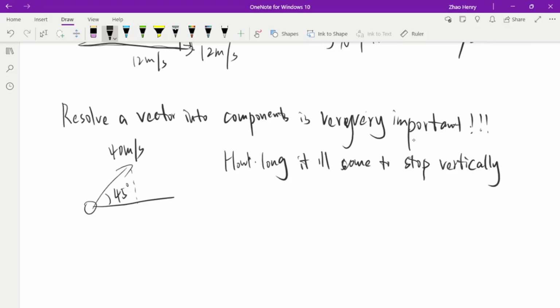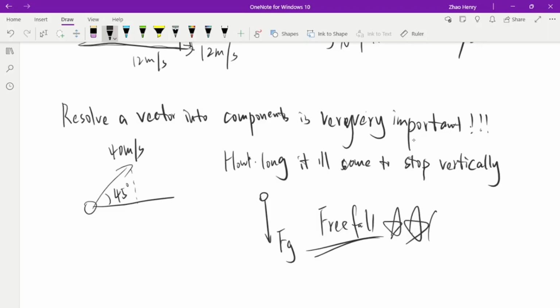So, first of all, right after it got kicked, the only force that acts on the ball is the gravitational force, which means it is doing free fall. This is also very important. You have to remember.